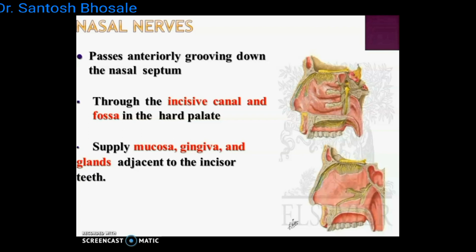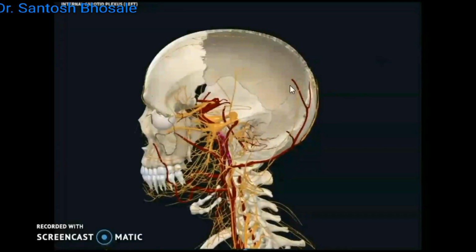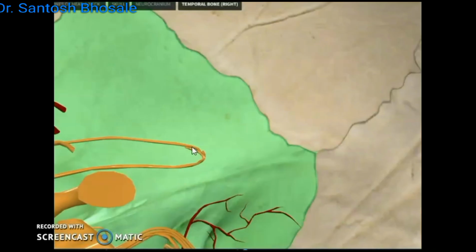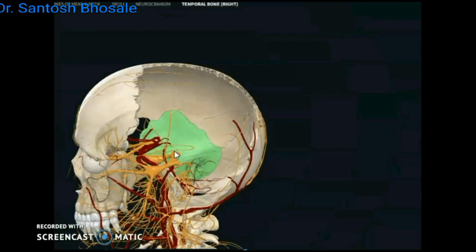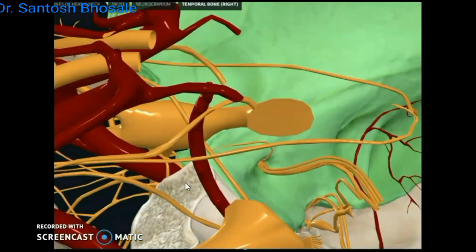They are supplied by the pterygopalatine ganglion. So you can see the 4 sets of branches: orbital, pharyngeal, palatine and nasal branches, the OPPN branches of the pterygopalatine ganglion. Coming to the maxillary nerve, it is the main sensory nerve carrying the postganglionic fibers from this ganglion for distribution.